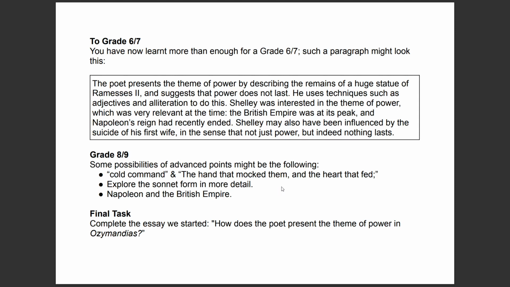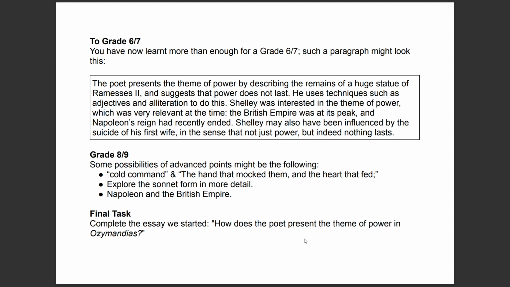You could explore the sonnet form in more detail, iambic pentameter, the unstressed, stressed, okay? And you could talk a bit more about Napoleon and the British Empire. Not too much though, okay? With context for poetry, you don't need a lot of context. So that's grade 8 or 9.